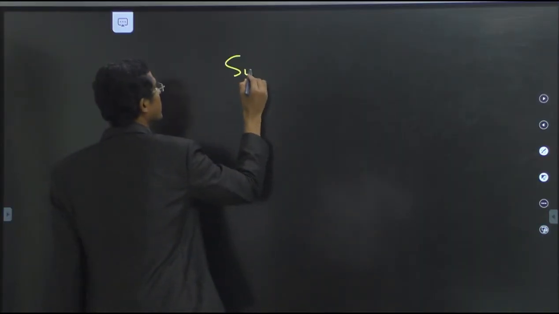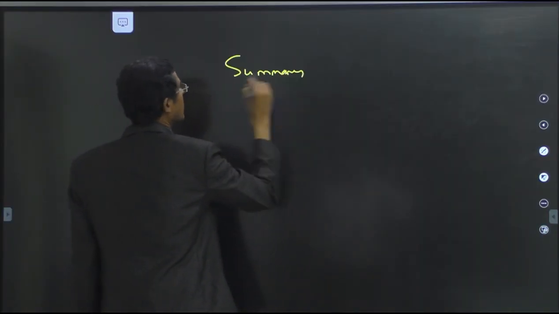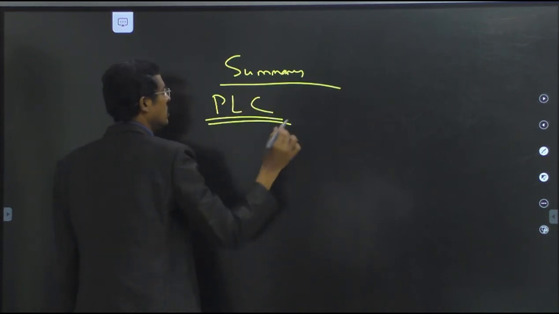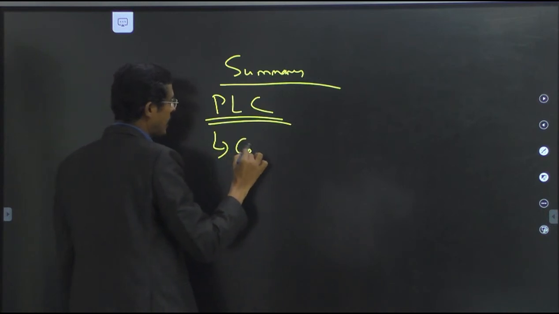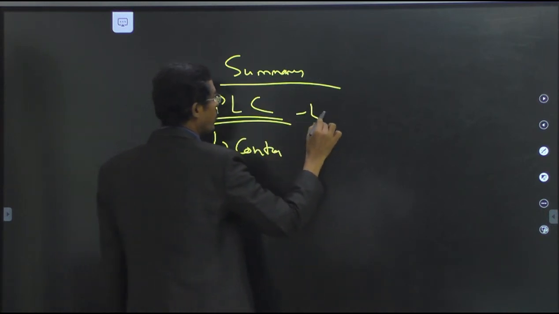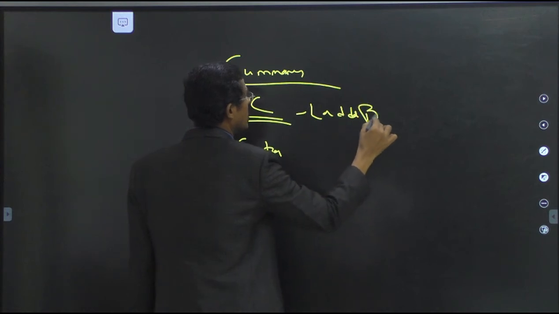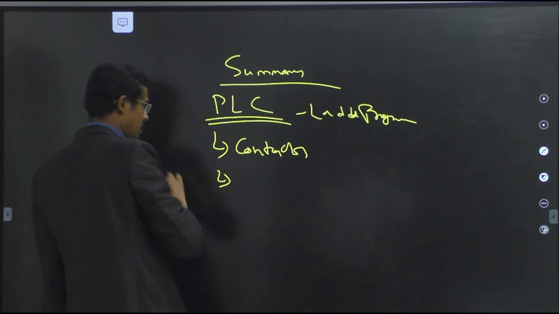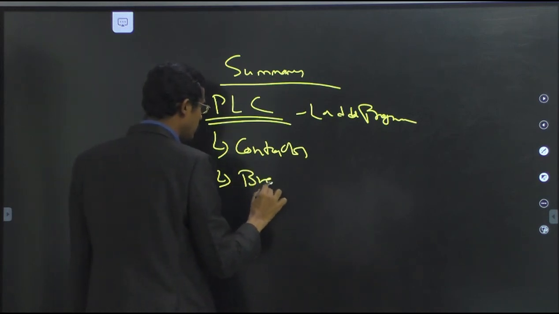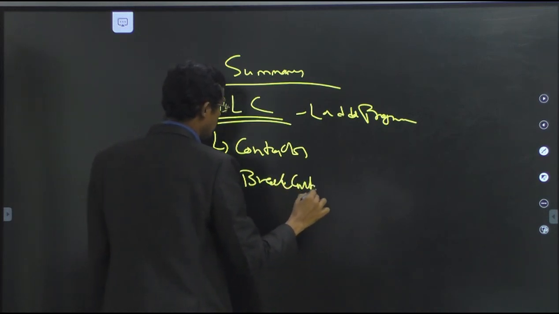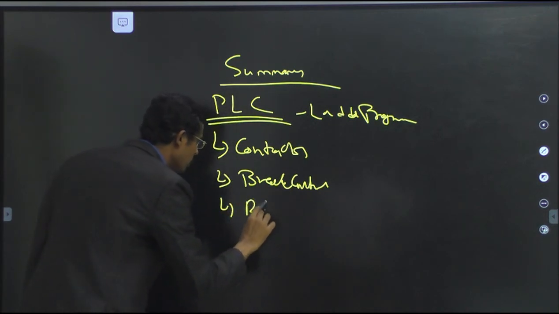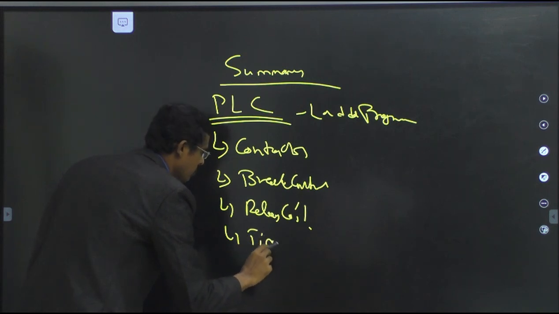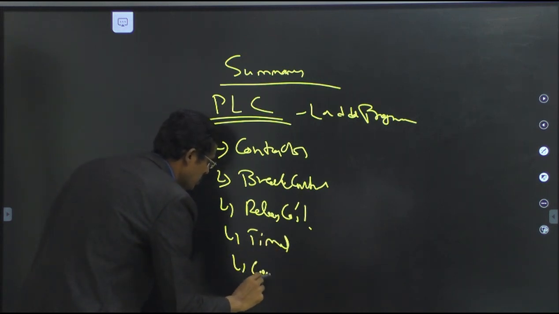The summary. In today's class regarding PLC systems, we have seen about the contacts, about the ladder program, about the brake contact, about the relay coil, about the timer, and about the counters.